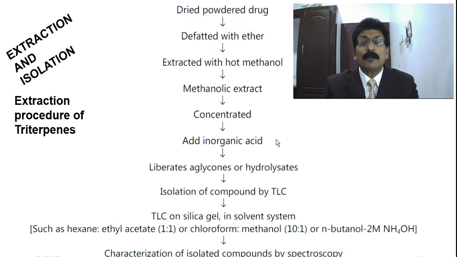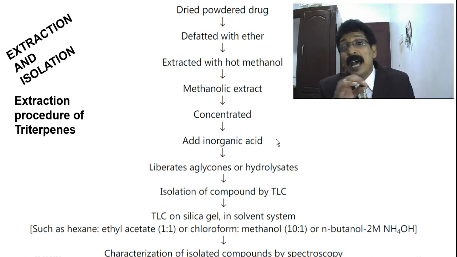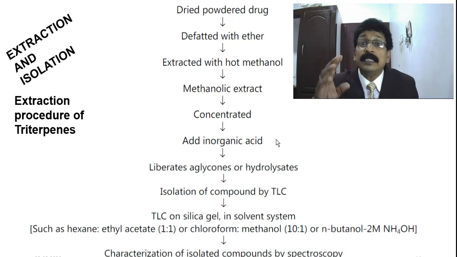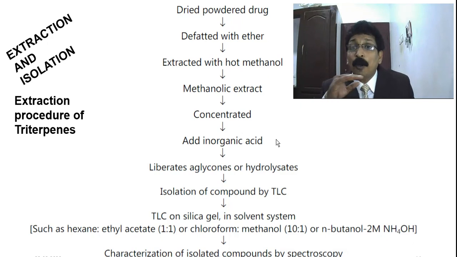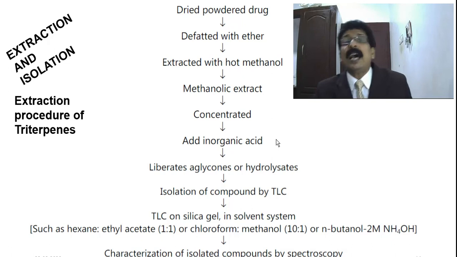So the extraction procedure for triterpenes, how they will do it: take the dried powdered drug and defat it with ether. Defatting, last class itself we have studied, defatting is very important. A low polar solvent like hexane or petroleum ether can be used for defatting.